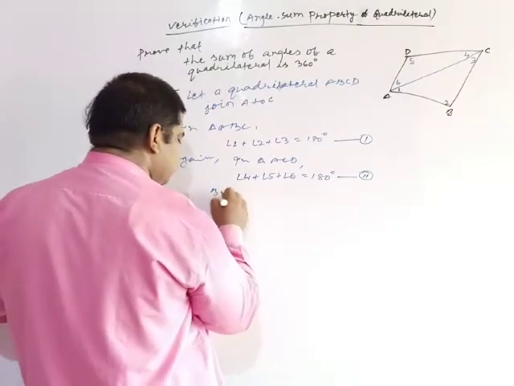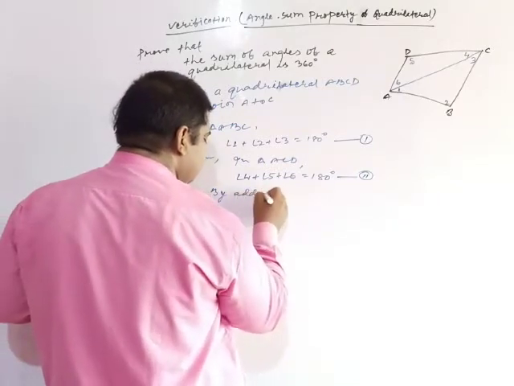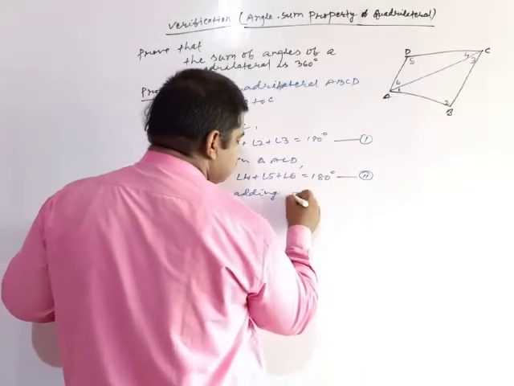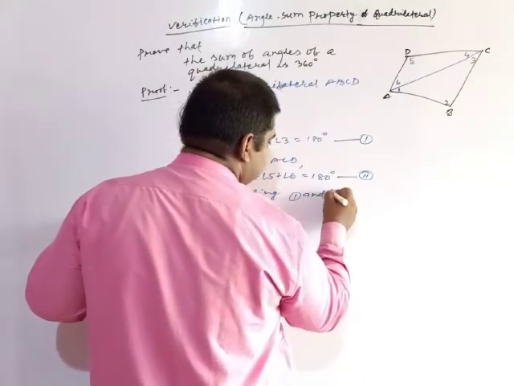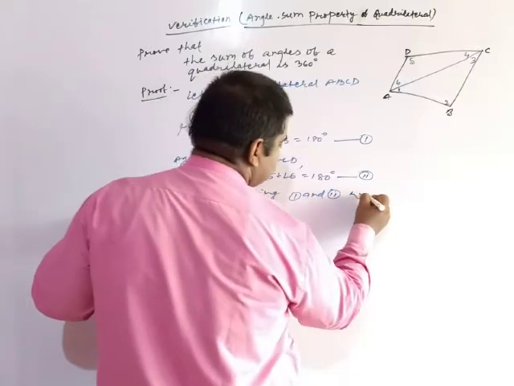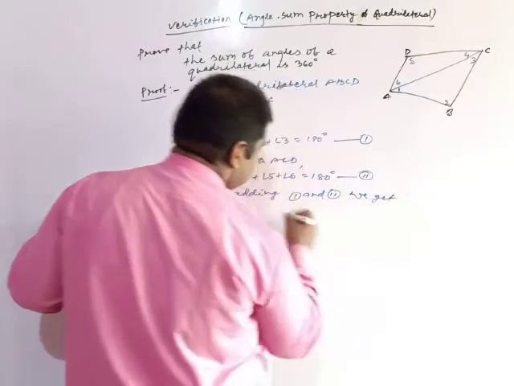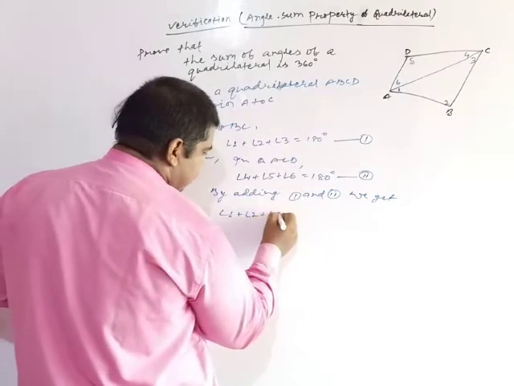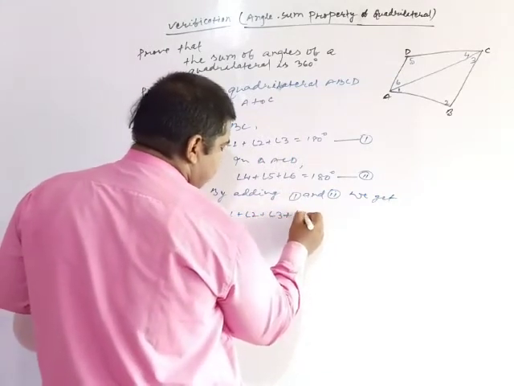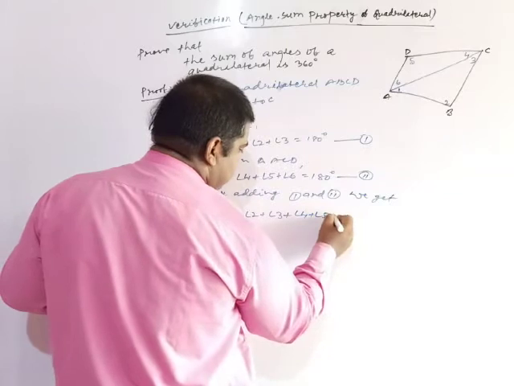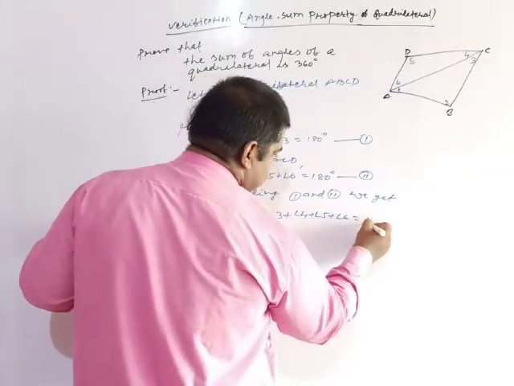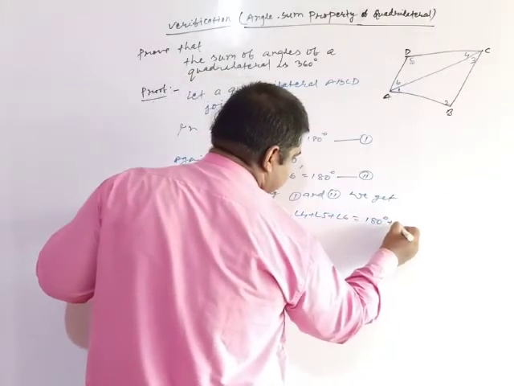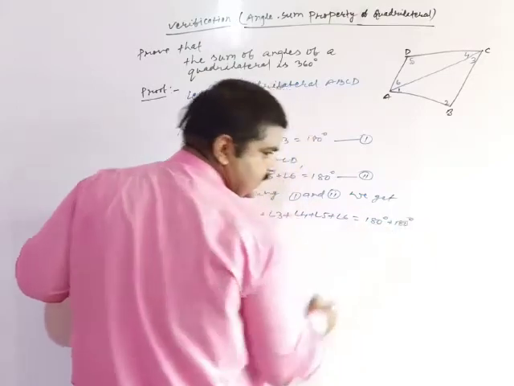By adding first and second, we get angle 1 plus angle 2 plus angle 3 plus angle 4 plus angle 5 plus angle 6 is equal to 180 plus 180, my dear.